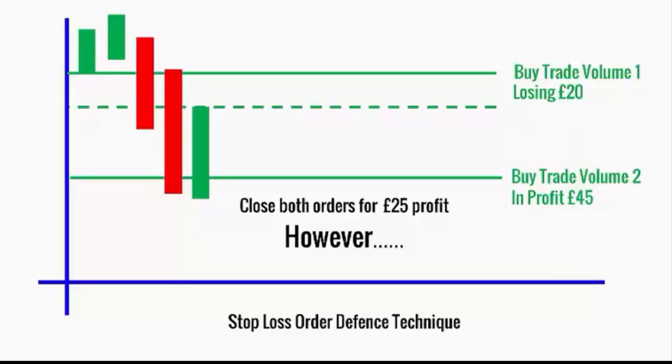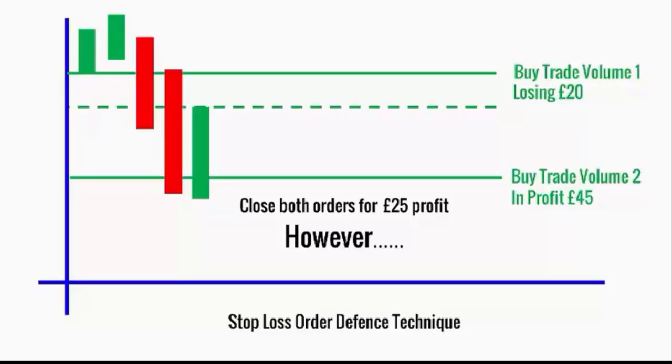However, the problem is, of course, that once the second buy trade is triggered, the price could continue to fall, and we've got a very high rate of loss increase. So this defense technique also needs a backstop, and you'd need to put in place one of the other two, either the stop loss or the equal and opposite order defense, to act as a backup and to defend the defense.